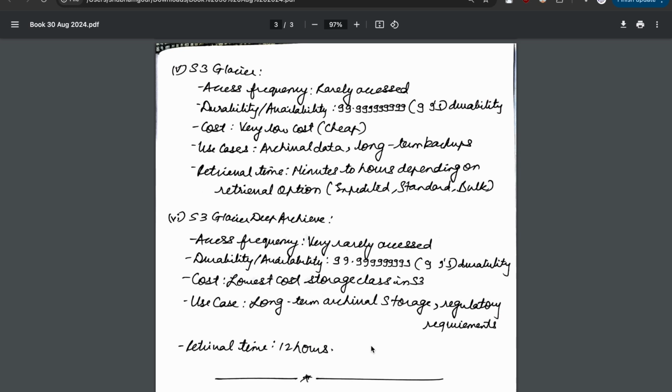In the case of Glacier, it takes minutes to hours, but the retrieval time of S3 Glacier Deep Archive is 12 hours. The use case is long-term archival storage or regulatory compliance. The cost is also much cheaper than other storage classes, and also cheaper than S3 Glacier.